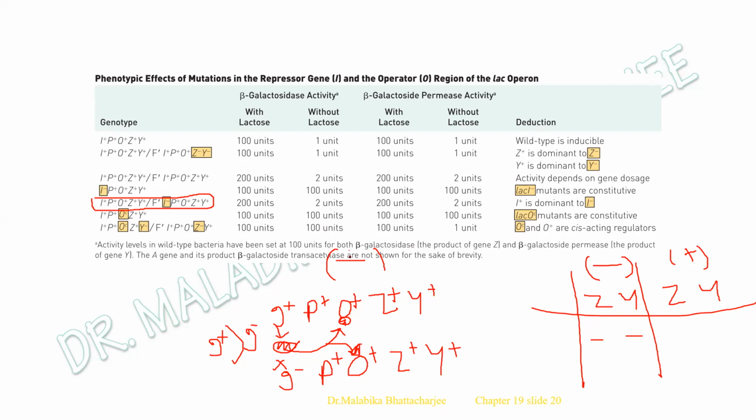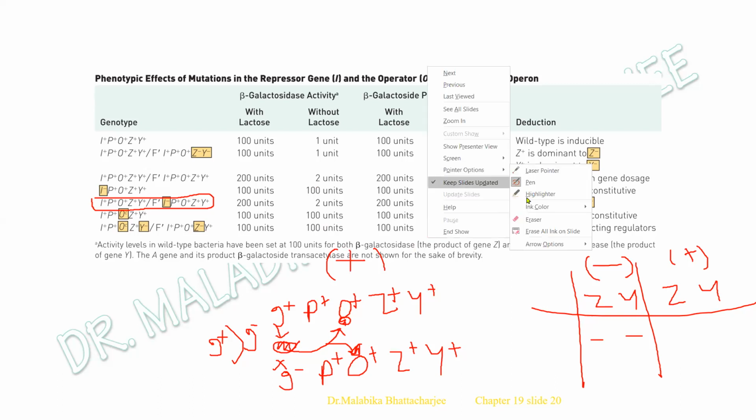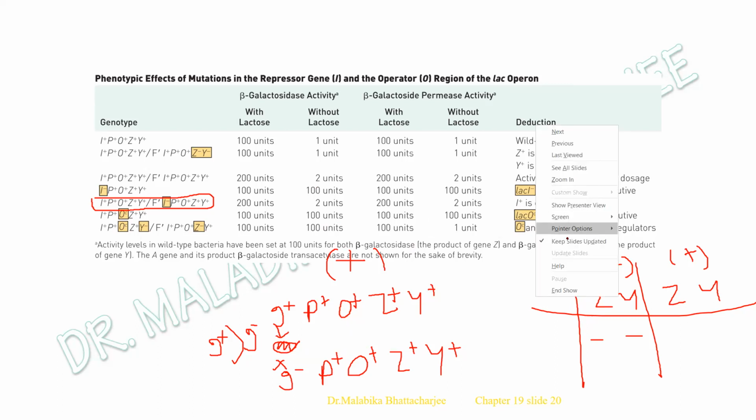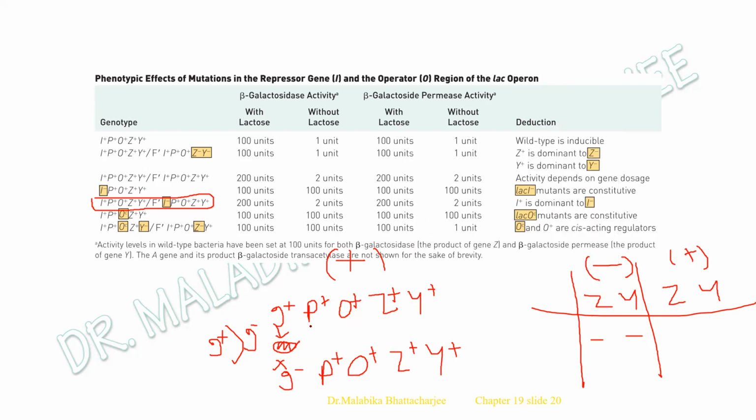Now let us change the situation. Lactose is given. And what happens the moment lactose is given? The repressor will be removed from the operator region. So now polymerase sits on the promoter and transcribes the Z and Y. Here also transcription of Z and Y is occurring.